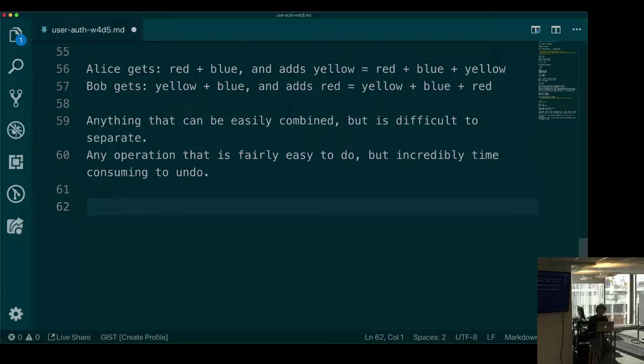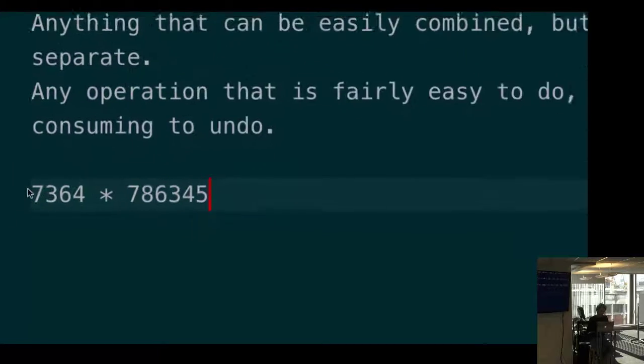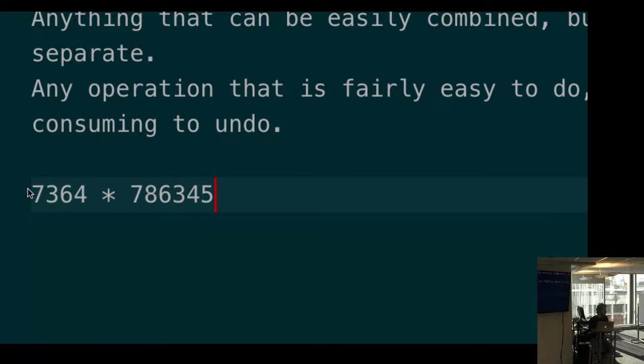If I gave you this number over here and this other number over here, given enough time, you'd be able to do this multiplication. I'll make this smaller too if we want. This shouldn't take you too long, and getting a computer to do it is just automating the steps that you would do anyways.